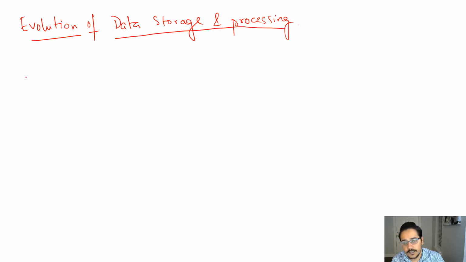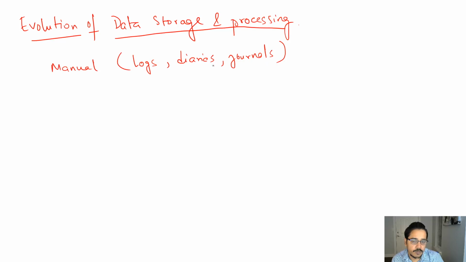So initially, most of the data storage was manual, right? When you say manual, you can think of logs, diaries, journals, and so on and so forth. So most of these ways of storing and processing data were reliant on basically pen, pencil, and paper.